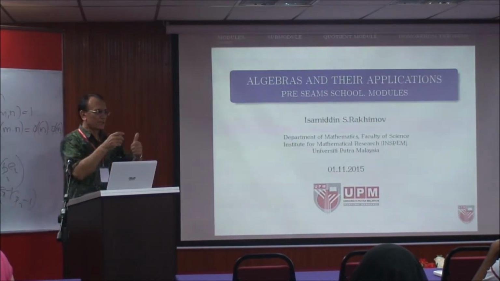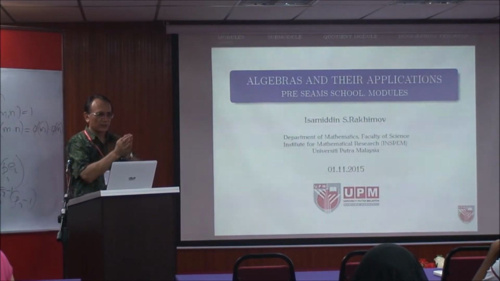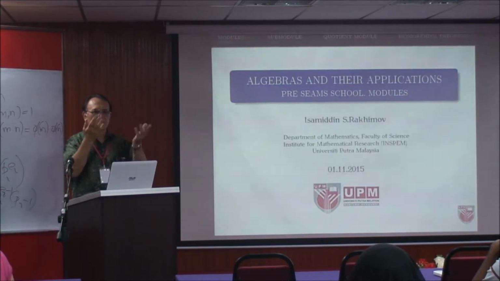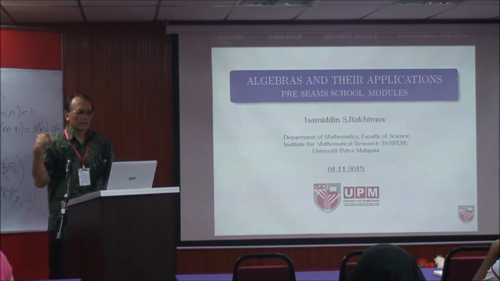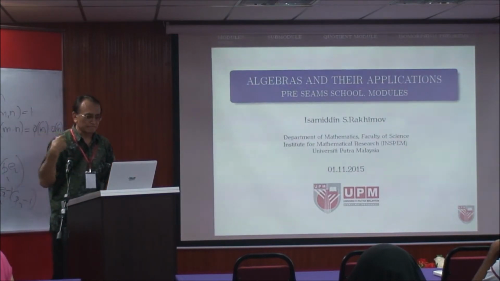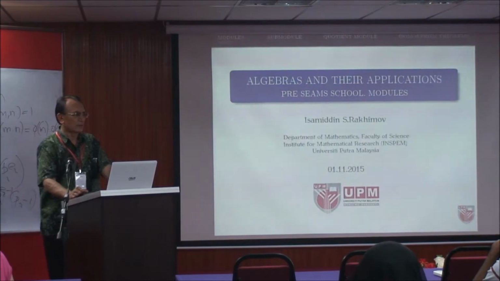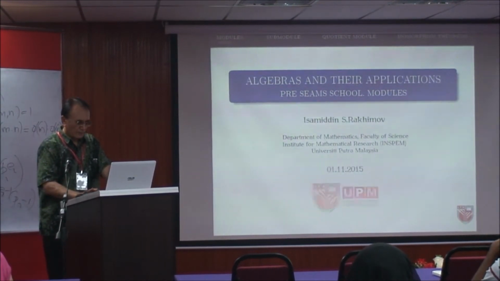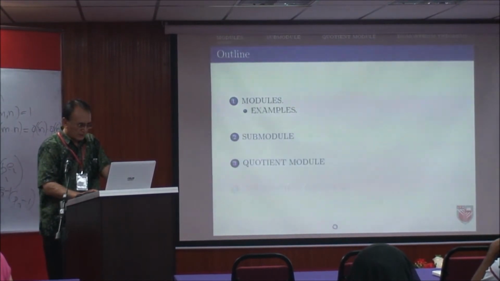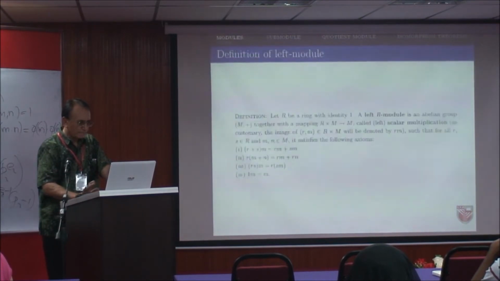We can take something else and join it to your abelian group, making another operation which we will call the action of a ring. That structure is what we call a module.